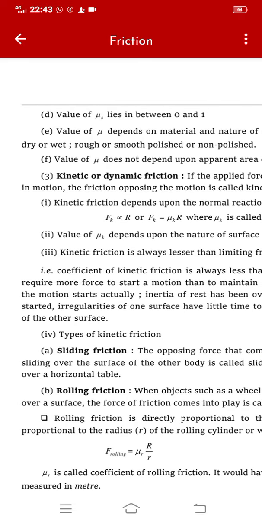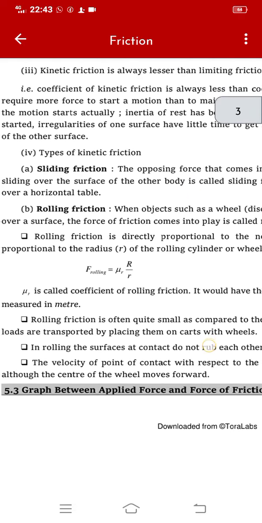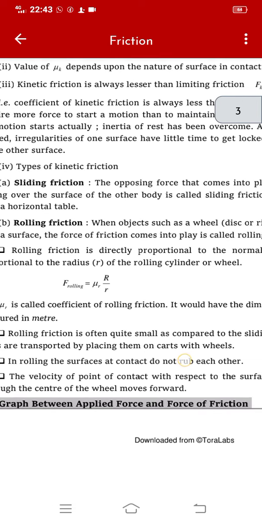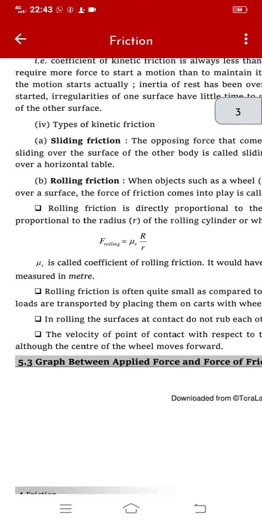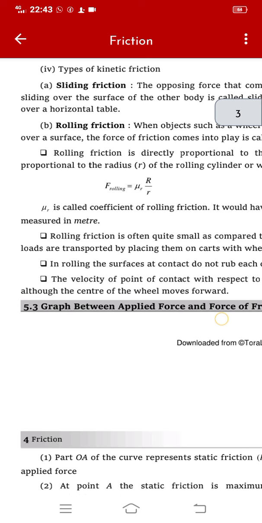We know that this friction is very, very important. So I think we're going to stop here. In our next class, we will look at some calculations on it.